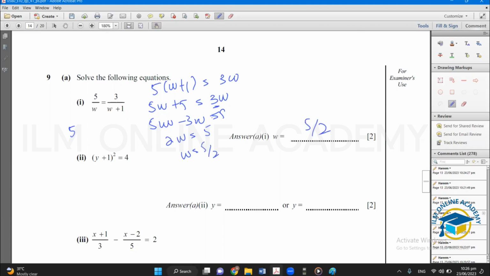That's it. Minus 5 over 2 it is. So it is minus 5 over 2, which is, I guess, minus 2.5. You can convert it into decimal.